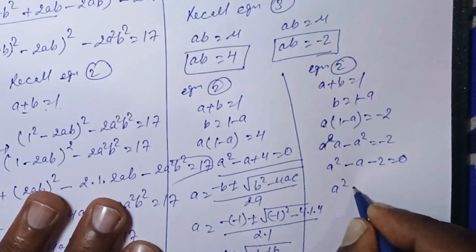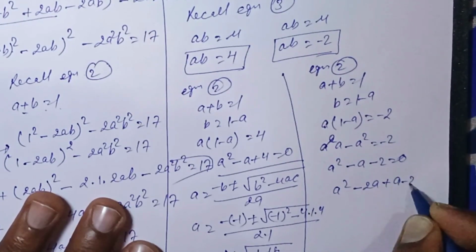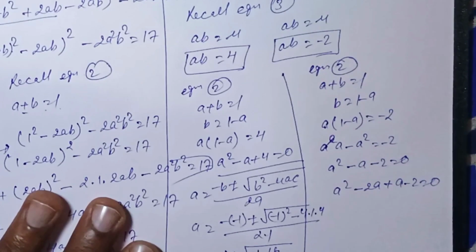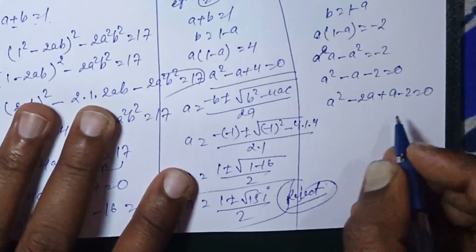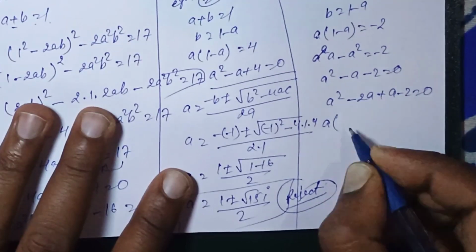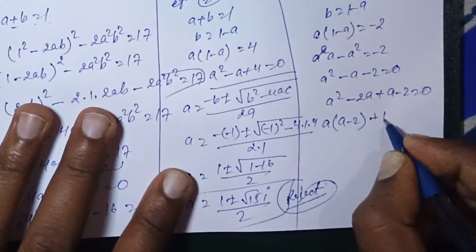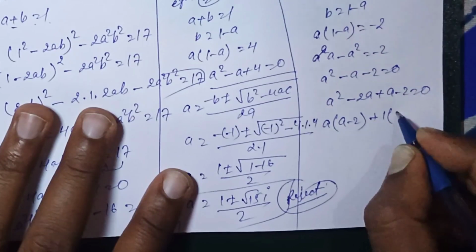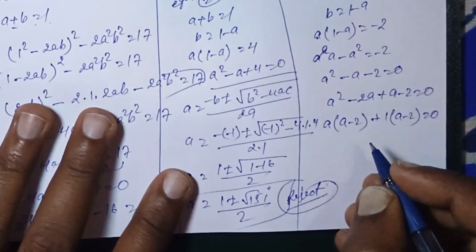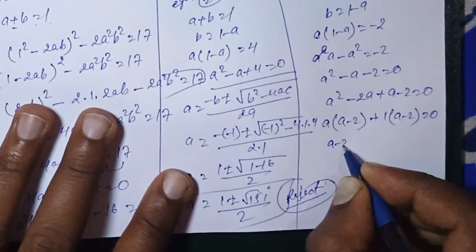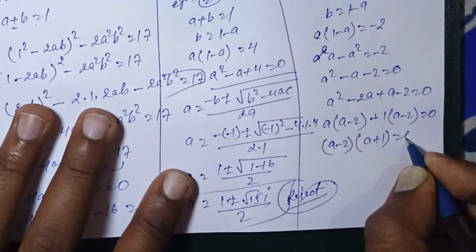Here a square minus 2a plus a minus 2 is equal to 0. After next step, see here, take common: a bracket open a minus 2 bracket close plus 1 into bracket open a minus 2 bracket close is equal to 0. After next step, (a minus 2)(a plus 1) is equal to 0.